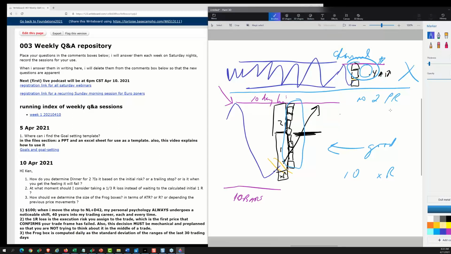And it shows you that the smaller your execution risk is, the better. That's going to improve your system quality number because your average win is going to be better, whereas your average win here is going to be poor. All you can hope on this one is that you're buying the one that eventually breaks out. Whereas this one, you're just getting it to return to a previous high, which is a good payoff.